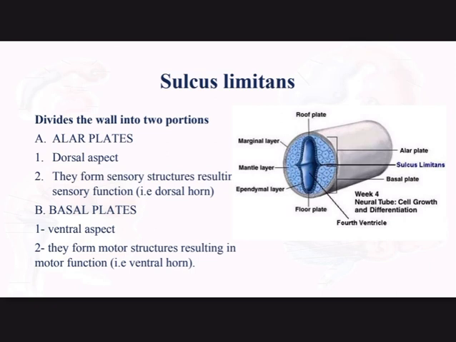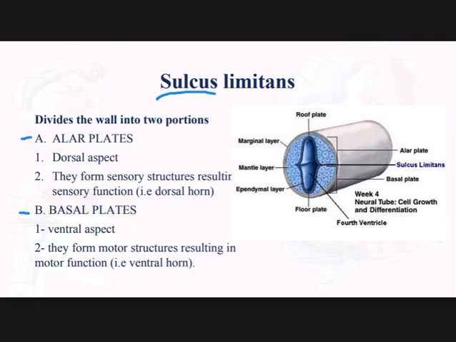So what we have here, the sulcus, we have it divided into two portions. We have the basal plate and the alar plate, above and below, that's what we usually refer to them.